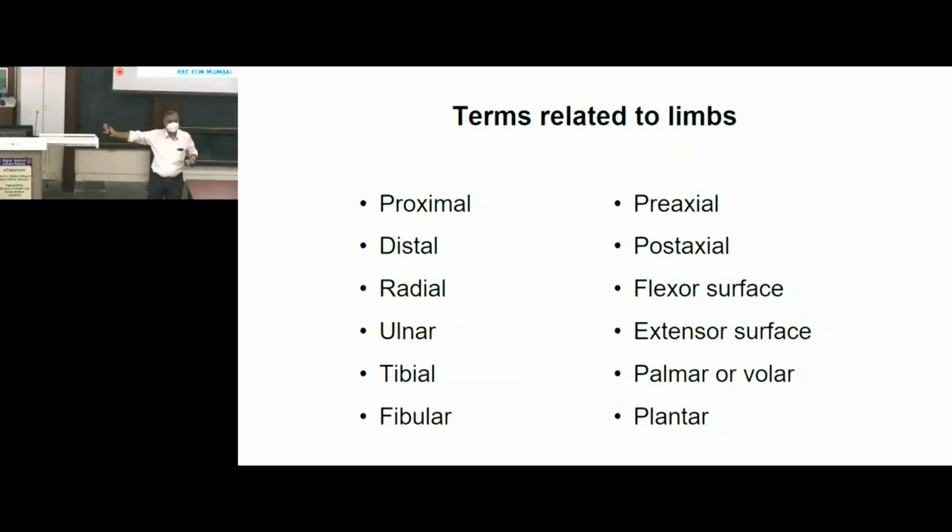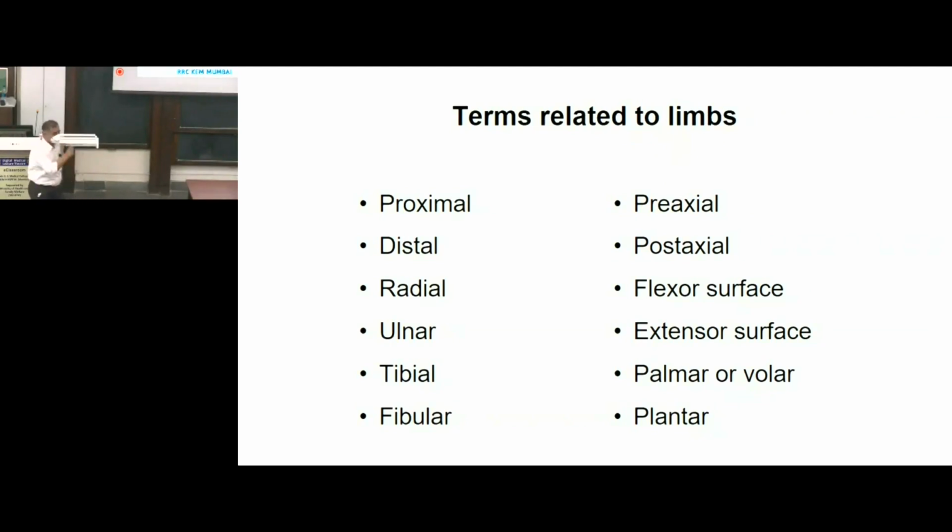Lower limb also develops like this. But further development happens when the limb rotates. The upper limb rotates outwards, the lower limb rotates inwards. So therefore, lateral border of the upper limb is preaxial, medial border is postaxial. Opposite way for the lower limb because the rotation is in the opposite direction.